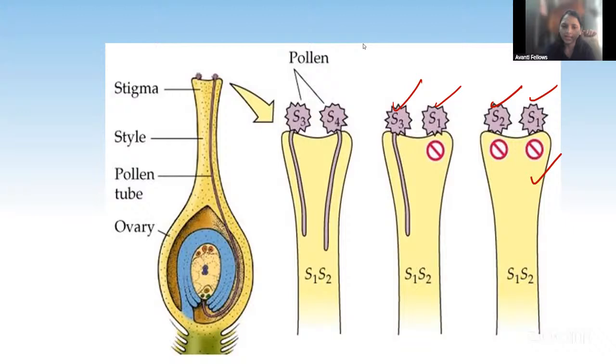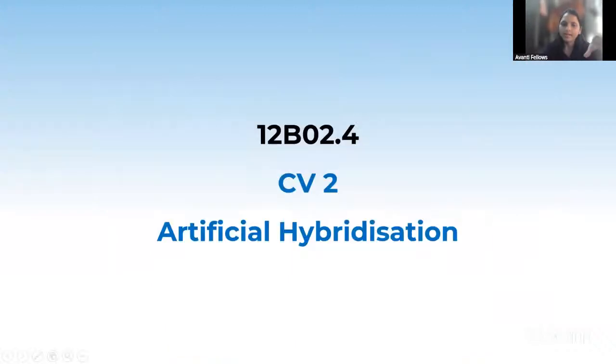Very good, Rakshita. Yes. S1 and S2 are non-compatible. I think you have an idea of compatible and non-compatible, right? S1 and S2 are the non-compatible here. Okay. Very good, Rakshita. Then we'll study artificial hybridization in the next class, guys.